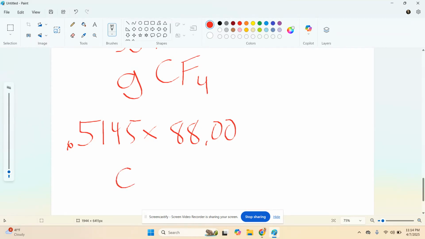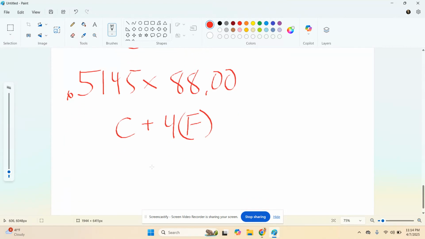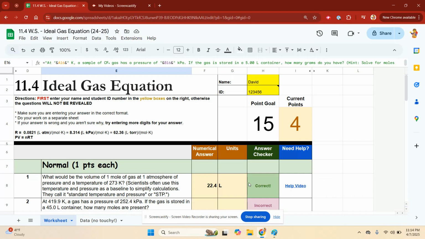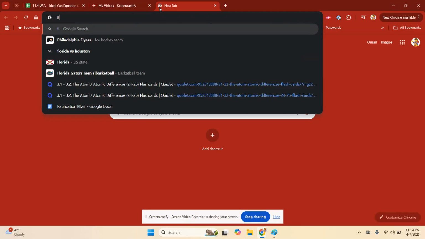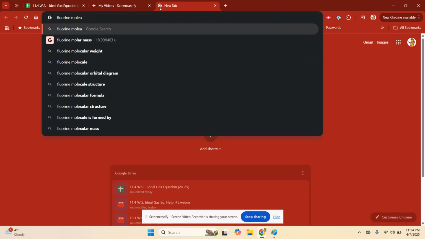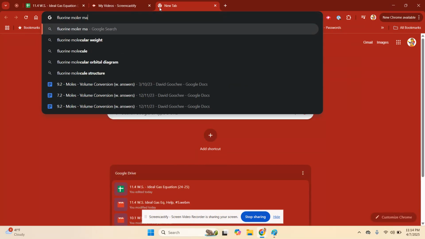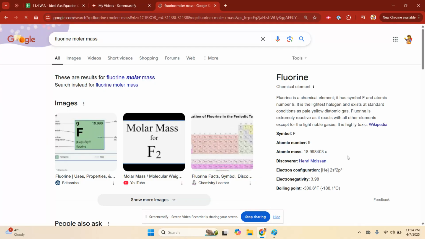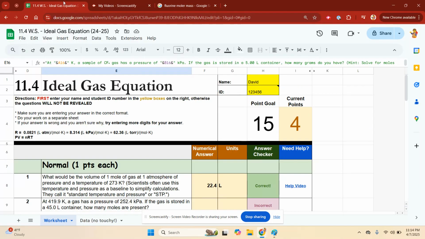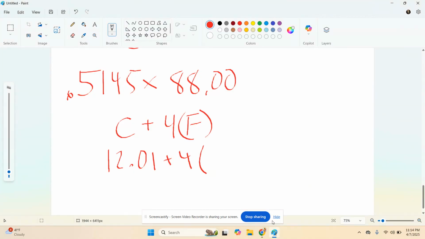Again, this is a carbon plus 4 fluorines from the periodic table. It is 12.01 plus 4 times the molar mass of fluorine, which is a flat 19. So that's where that number came from.